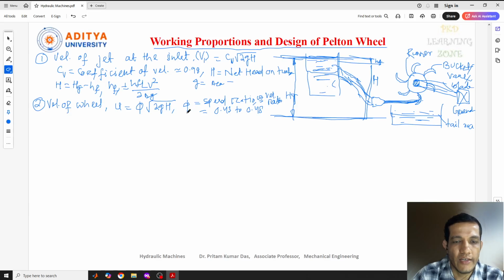This velocity ratio is defined like the tangential velocity of the vane with respect to the velocity of the water jet, and we can calculate it. The velocity of the wheel can also be calculated.